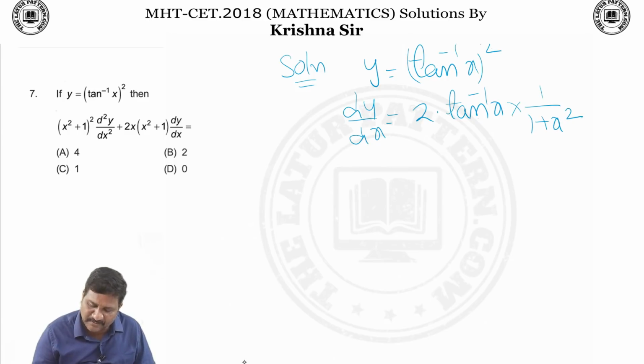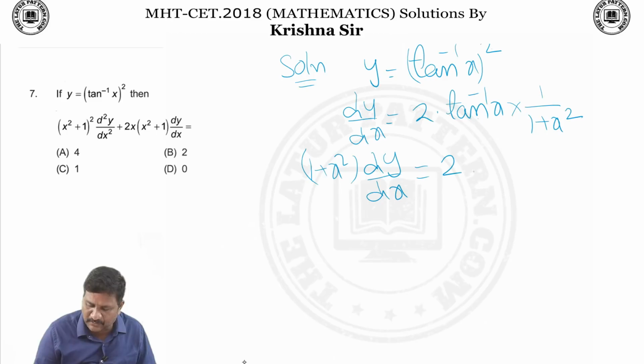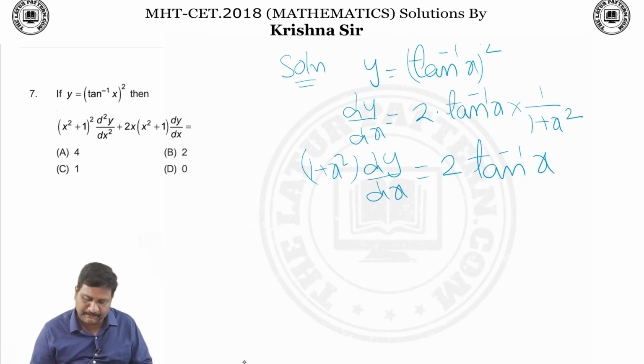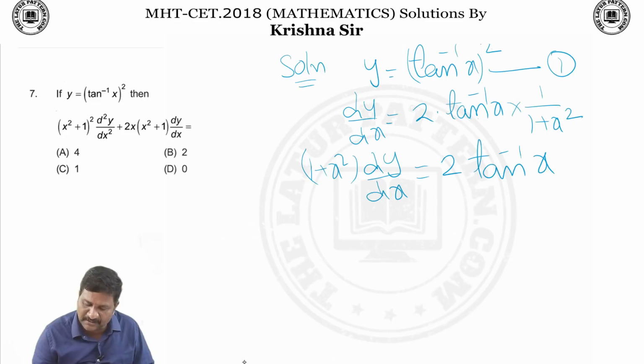Now we cross multiply this 1 plus x square to this side, then 1 plus x square into dy by dx is equal to 2 into tan inverse x. Now again we are differentiating. Before differentiating, you give the numbers. This is 1, and after differentiating, this is 2. Now again we are differentiating. It is in the form of uv.